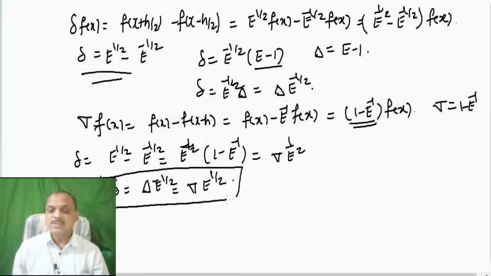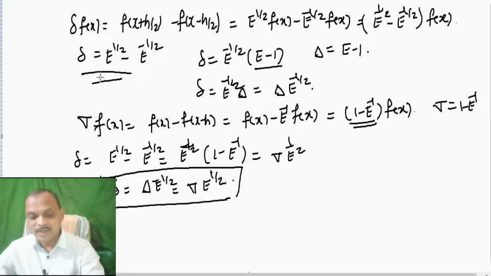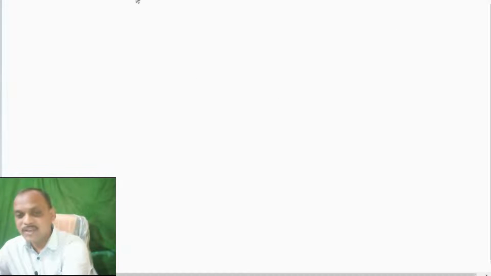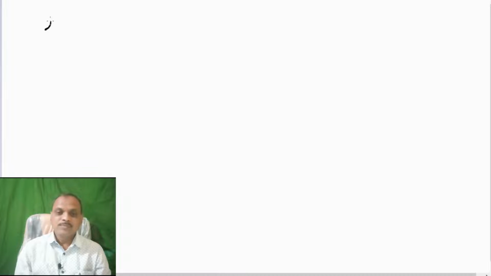So this is about the central differencing operator. Now we define the mean or average operator. Mu equal to 1 by 2 into e raised to 1 by 2 plus e raised to minus 1 by 2.